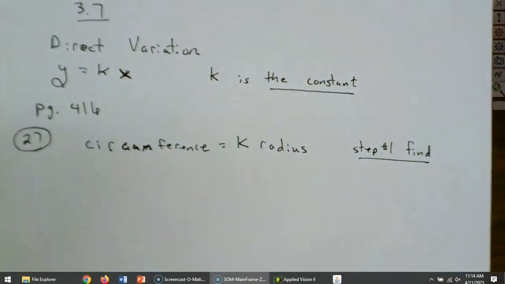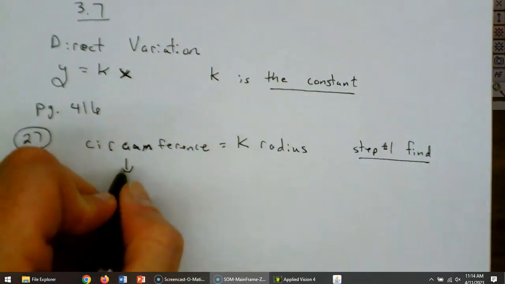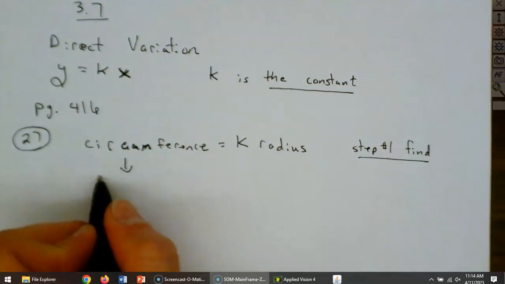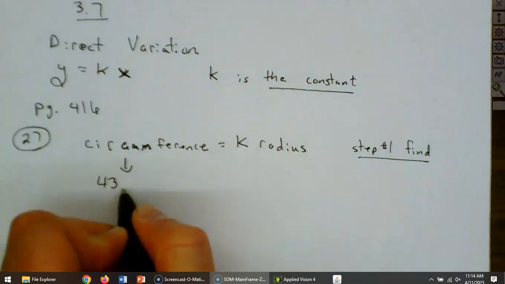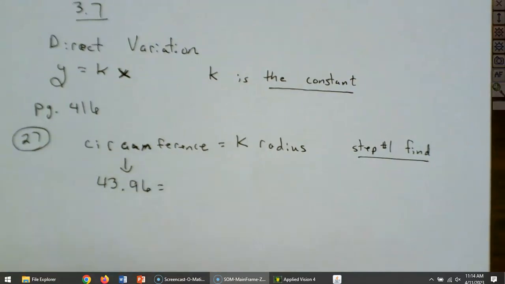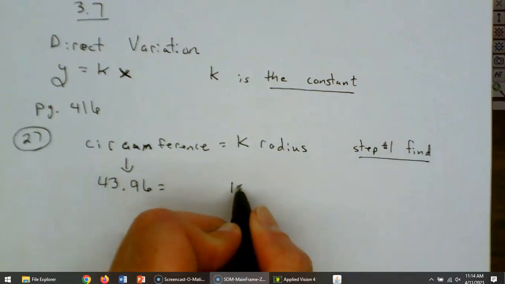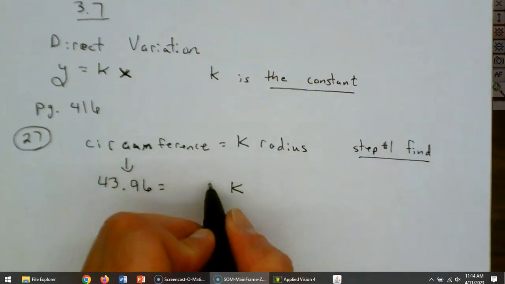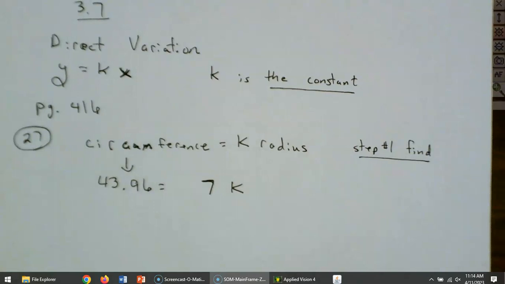So let's see what we've got. Now, what do they tell you about the circumference? It says the circumference is 43.96. So we plug that value in. Now, we don't know the k, so that's going to be our unknown. And what is our radius? Right? Our radius is what? 7.